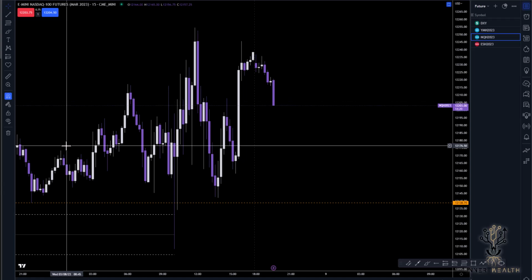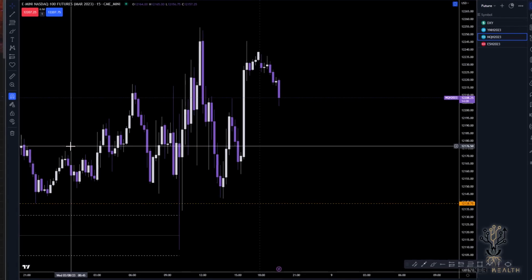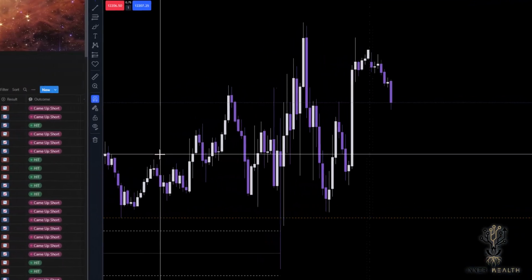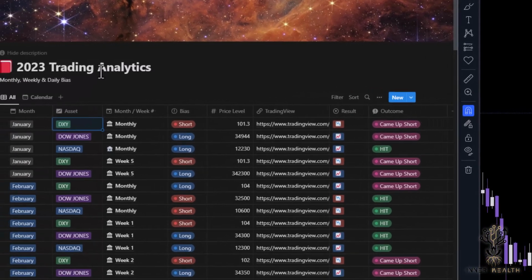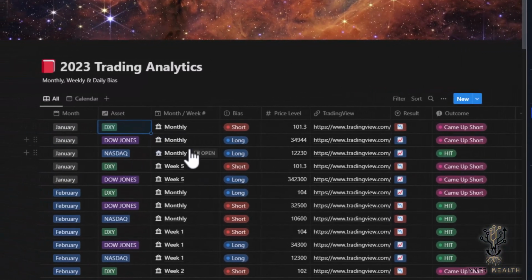So right now I'm going to dive into the different ways that I journal my trades, and I believe the best way is just to go through what my journal looks like, and then also I will show you guys how I personally fill it out. Okay, so here on the left hand side of my screen, you guys will see Notion.